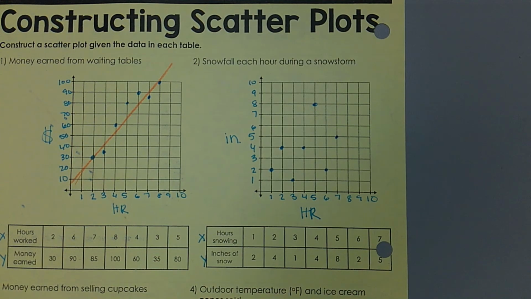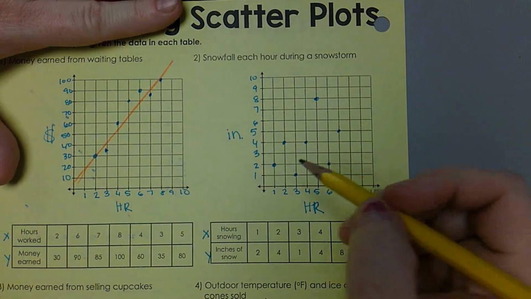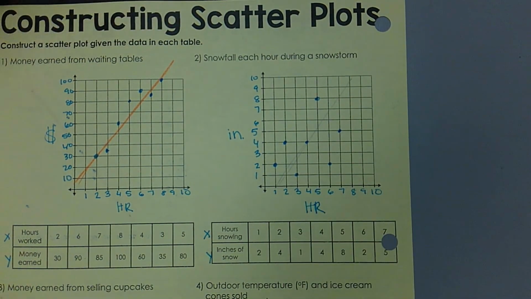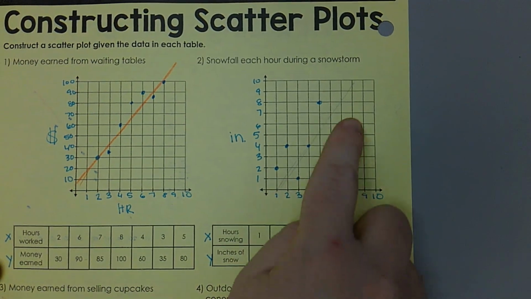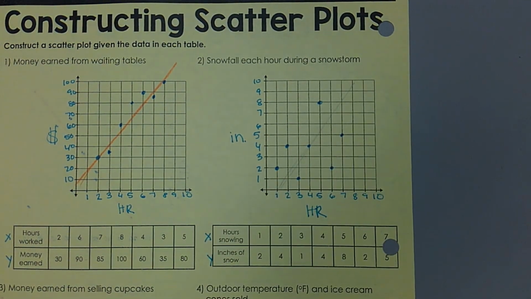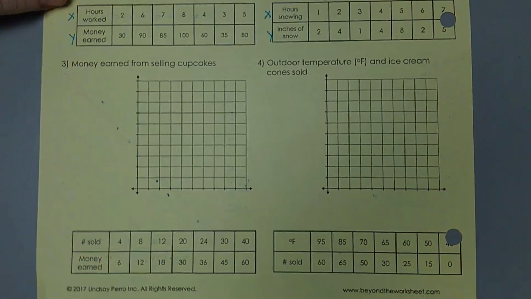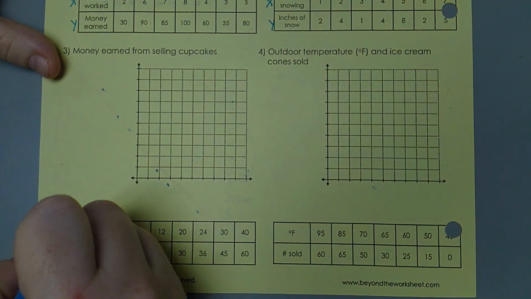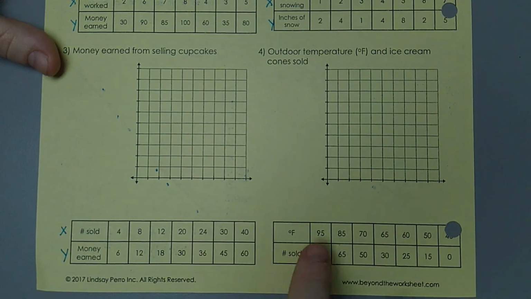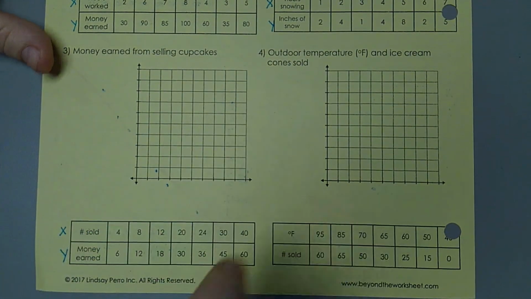I would say no correlation. You could almost say it's a positive, but these are so far from the line that it could be either or. Try 4 and 5 on your own, labeling your X, labeling your Y, labeling your X and your Y, and all your values.